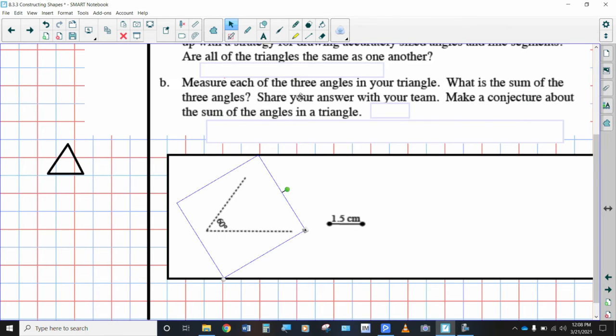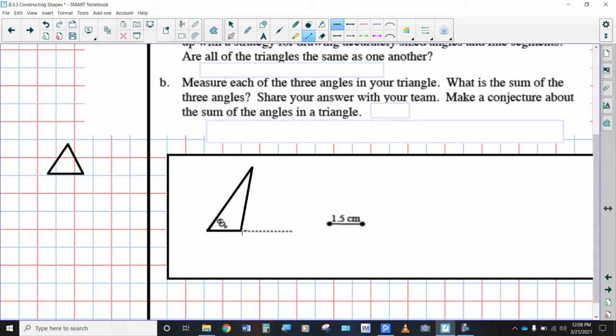So this would be like the second person in the group, where we've got our segment, which is 1 centimeter long, and I'll put this on top right there. And now the second person in the group decides, well, I'm going to make this this long, and then I'm going to finish it as such.